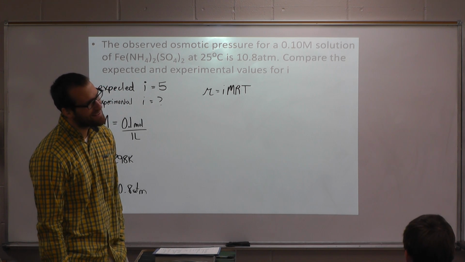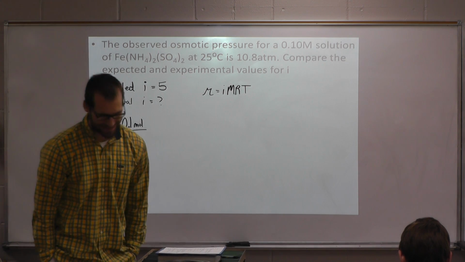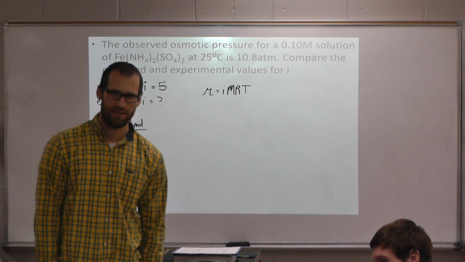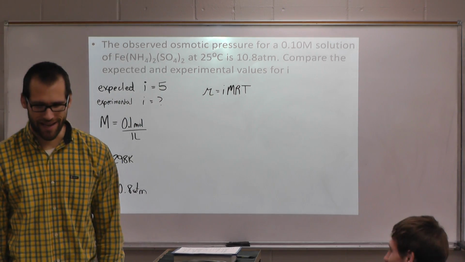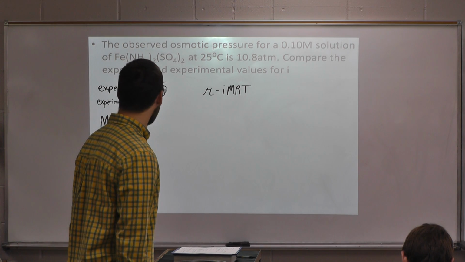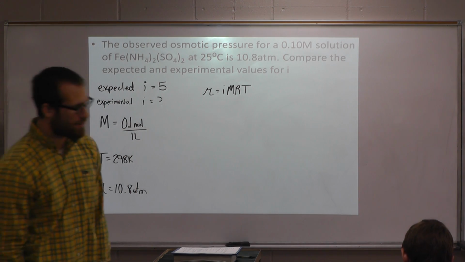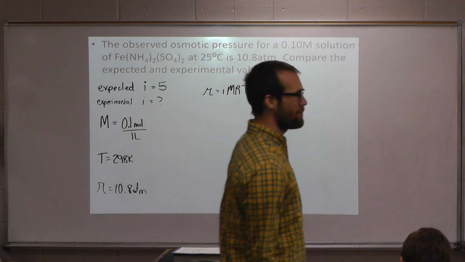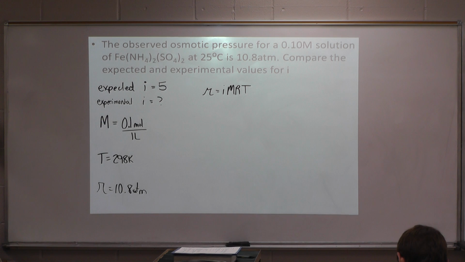Because it's concentrated enough that the ions are aggregated. The reason why that's lower than what you would expect is because of ion pairing. Essentially what's happening is ions are pairing up and acting as one molecule instead of multiple molecules. And we know from a colligative property standpoint, that is important.